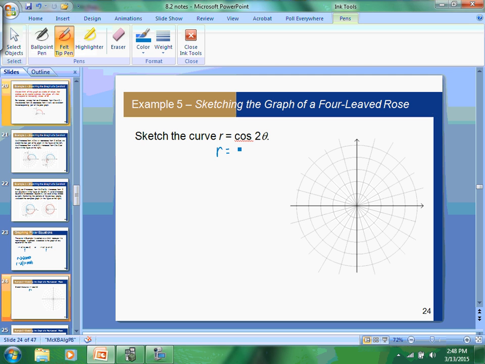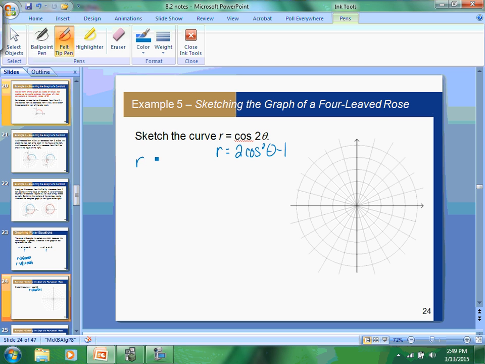And one of the equations for the cosine 2 theta is 2 cosine squared theta minus 1. So I recommend that you substitute any double angle for a squared equation. So that way you can plug the number in for theta, take the cosine of it, square it, multiply it by 2, subtract 1. That's more familiar calculations for us.